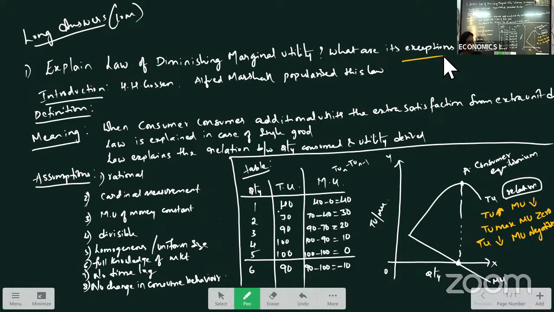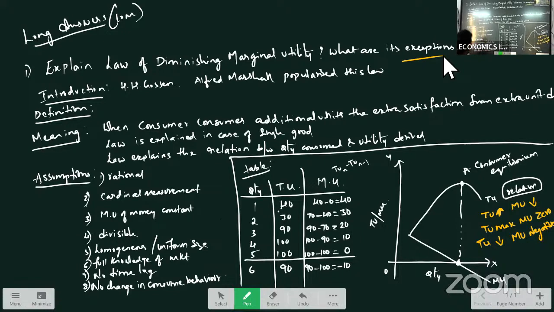We assume the commodity is divisible. But in the case of complementary goods, which are indivisible, this law is not applicable because we cannot divide the commodity, as they are dependent goods. In that case, we cannot explain the law of diminishing marginal utility.